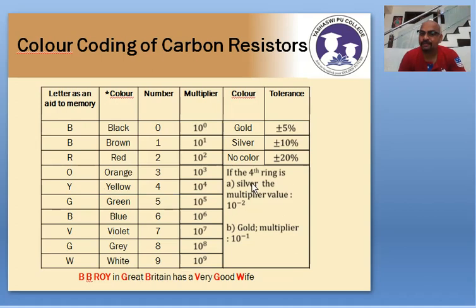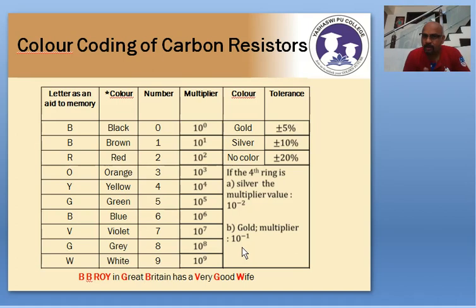And for the third ring, if it is silver, the multiplier value is 10 to the power minus 2. If the third ring is gold, the multiplier value is 10 to the power minus 1. This is slightly difficult to understand online, but just bear with me to have the clarity of these things.